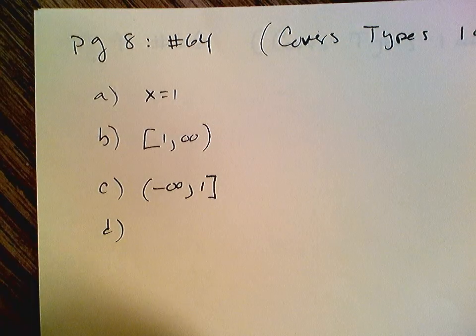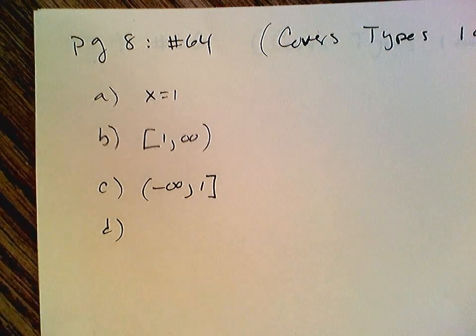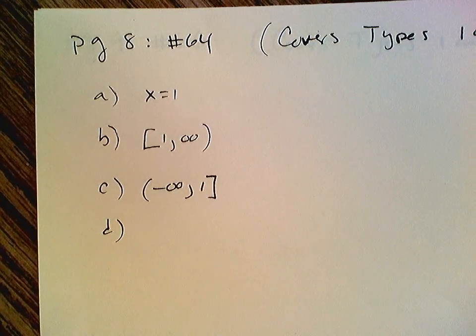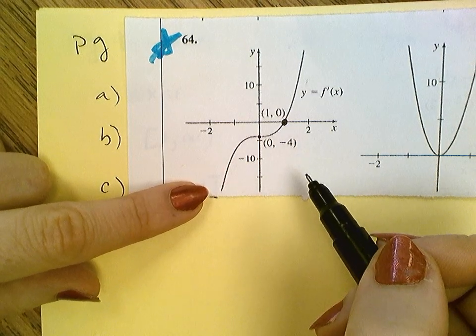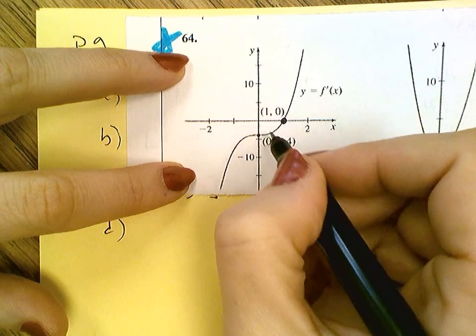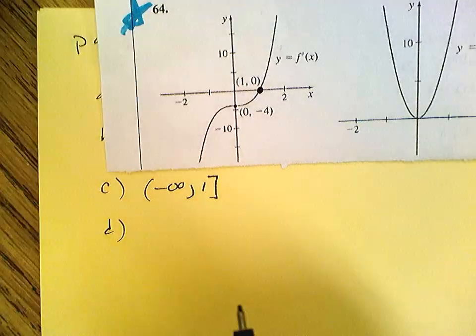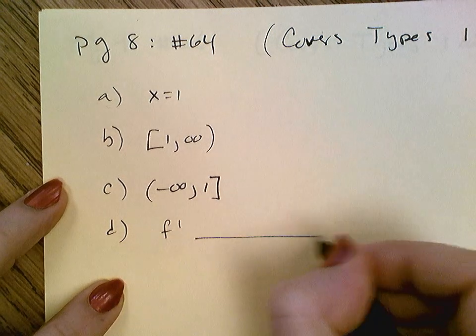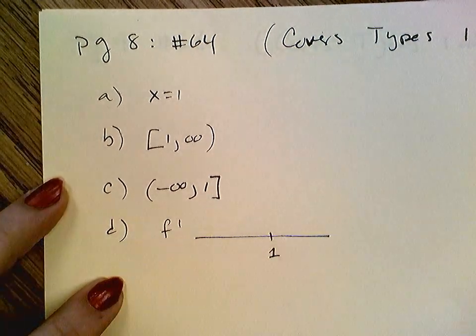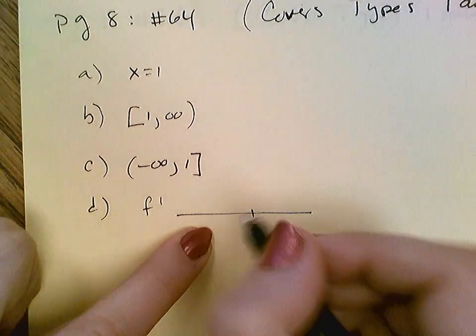D. At what numbers, if any, does f have a local minimum? Okay, so for a minimum, we want a sign change. Alrighty. Okay, so f prime is going from negative to positive. Actually, let me go like this. All right, so this is an f prime number line. There's our critical number 1.